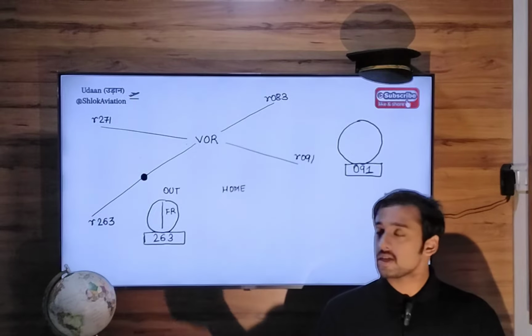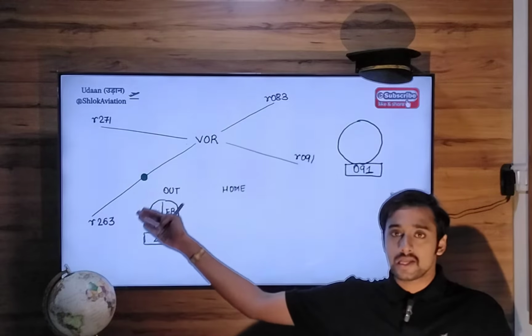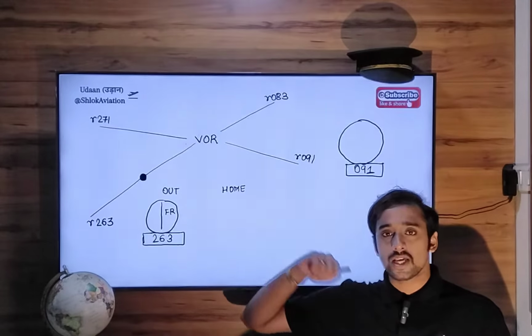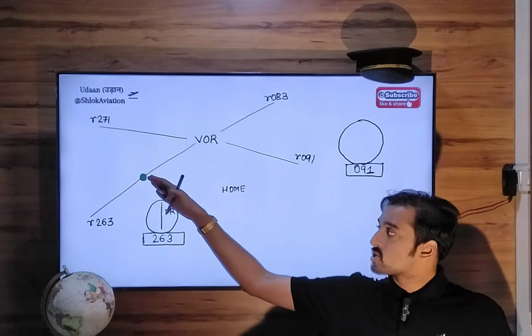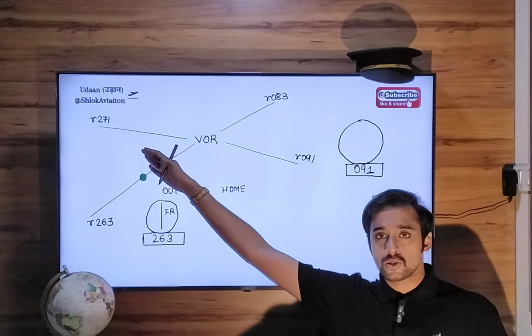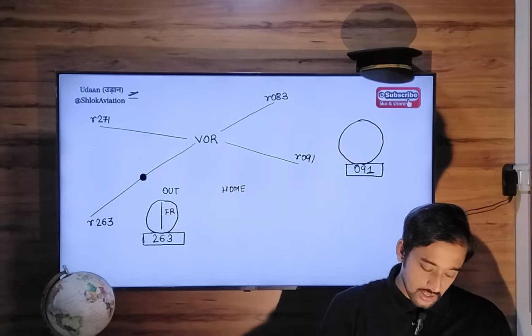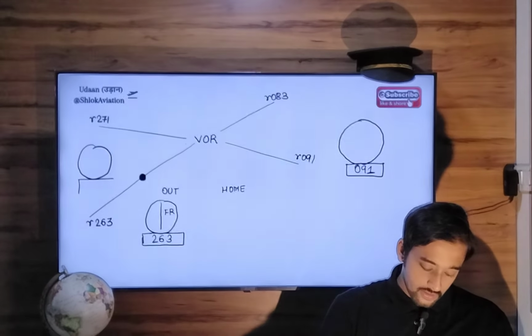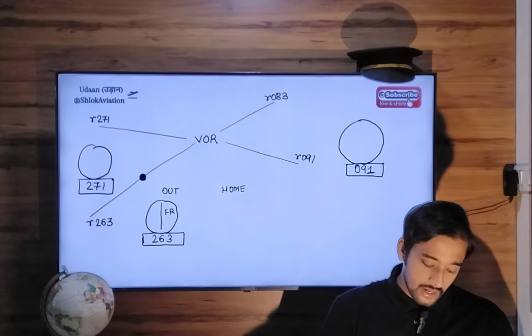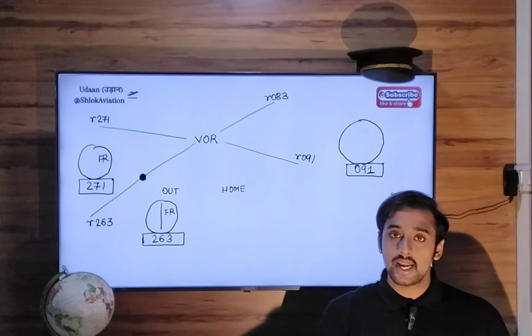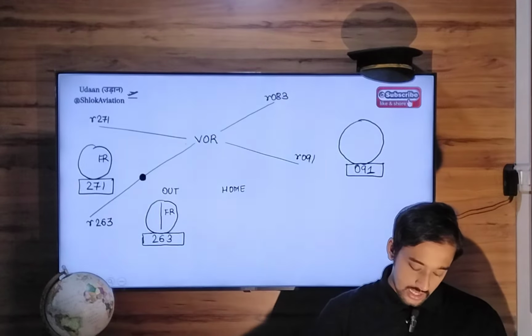Or if he doesn't want to go outbound on this radial but on radial 271, he can change his radial from 263 to 271. So he would have put 271 instead of 263, and the CDI needle would have moved to the left hand side.